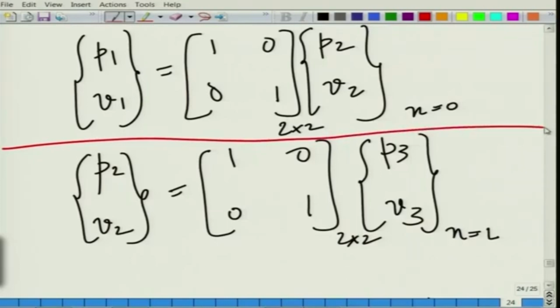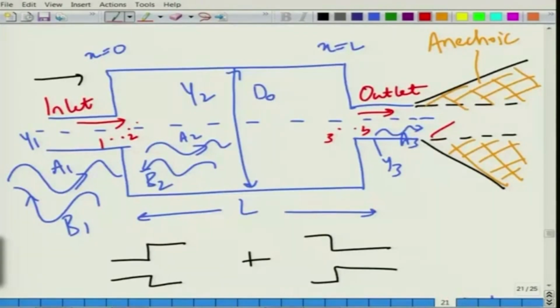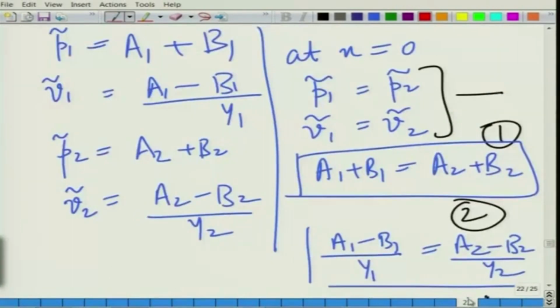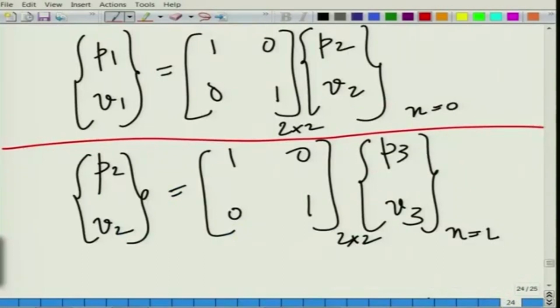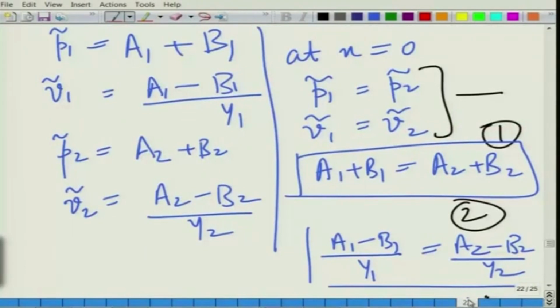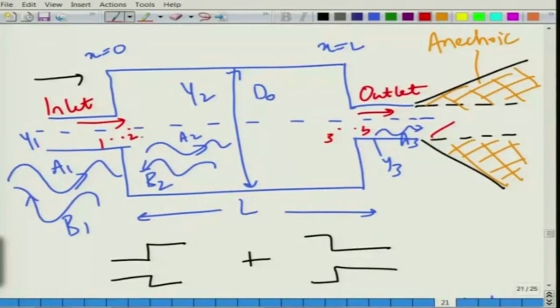Okay. Now, what happens between x is equal to 0 and x is equal to L? Between the points here 2 and 3, what happens? How do you relate A2 and B2? So, right now we are in terms of the standing wave variables, that is P and V. We have not used the progressive wave variables in the matrix representation shown in this slide. I guess it is time now to derive also the transfer matrix for a tube with planar wave propagation, and that will really help us relate things at points 2 and 3 here.